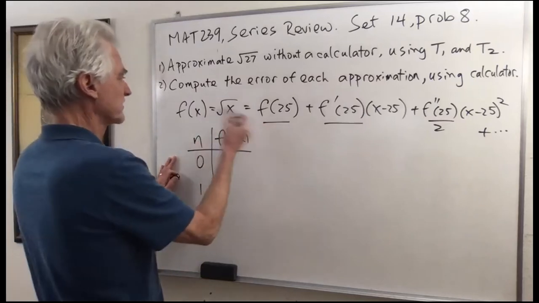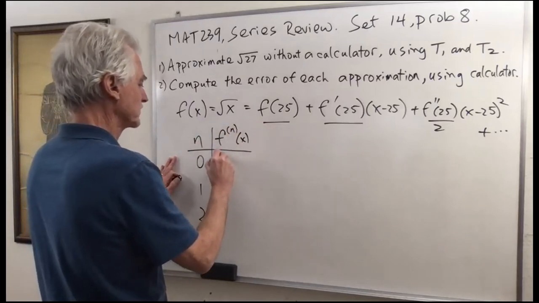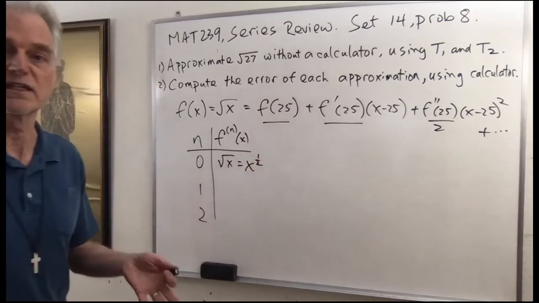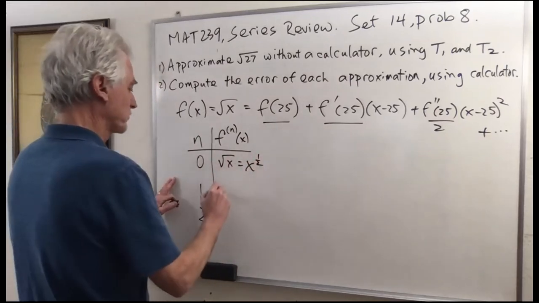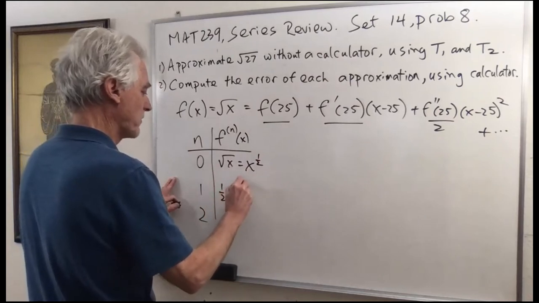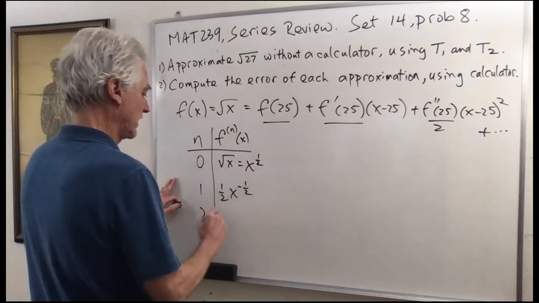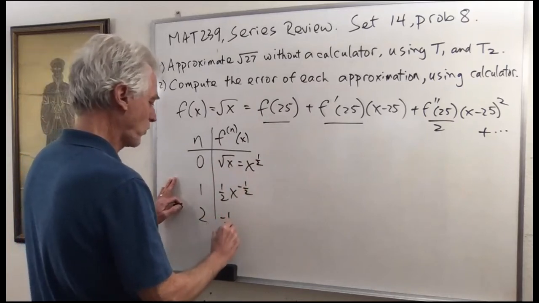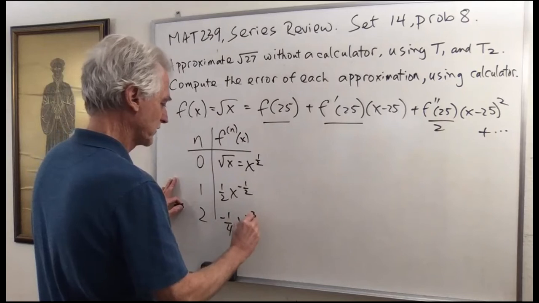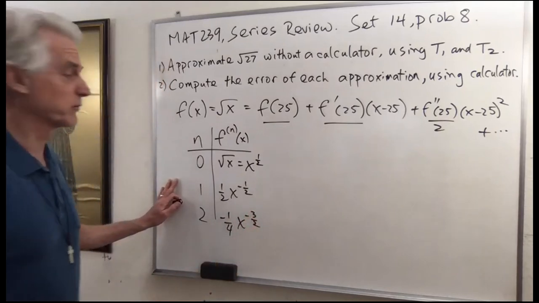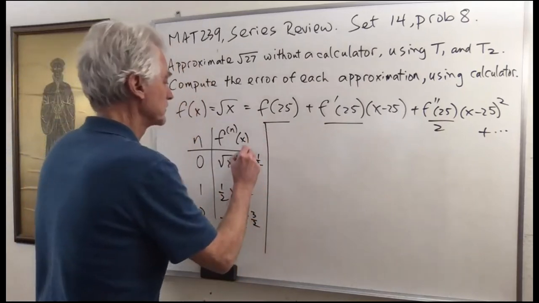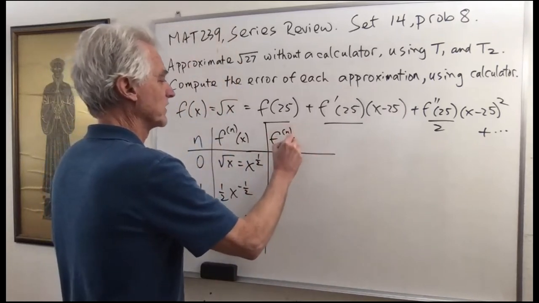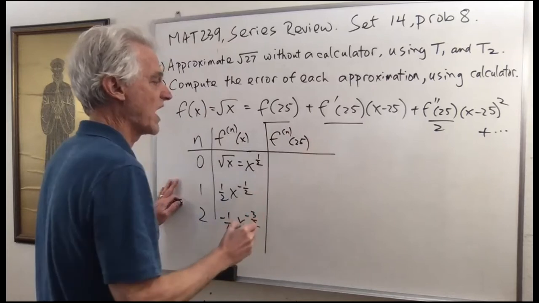The zeroth derivative is the function itself, that's square root of x, which we'll call x to the 1/2 to make it easier to differentiate. f prime of x is a half x to the minus a half. And f double prime of x, I get minus a quarter x to the minus 3/2. Remember, we got to compute all of those before we compute the nth derivative evaluated at 25.